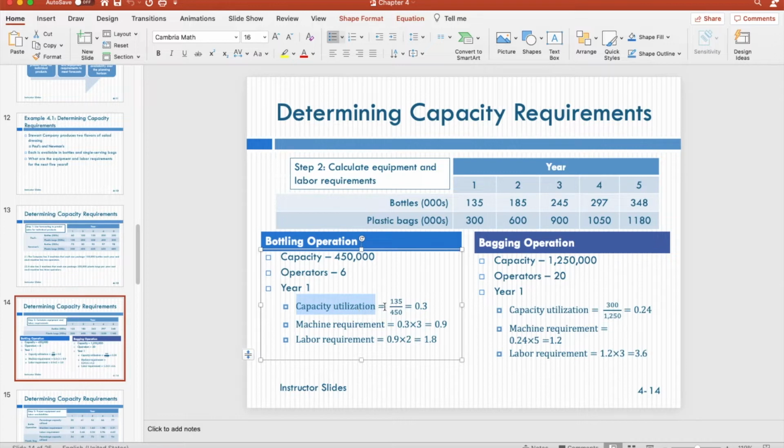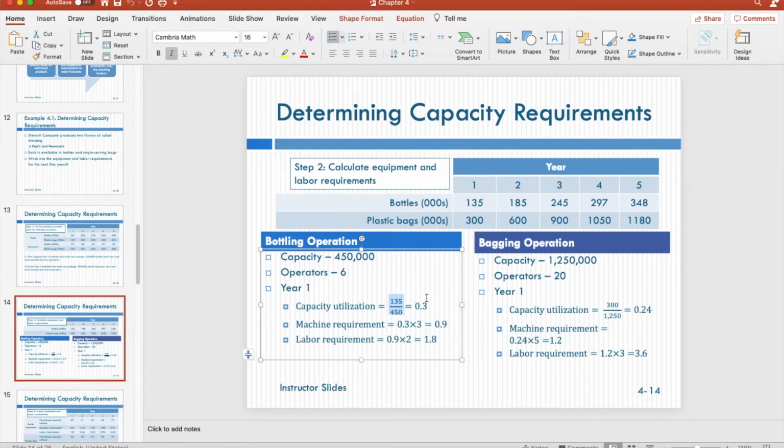If you want to quantitatively measure the capacity utilization, it's very simple. Use the amount that we need to produce in order to fit the market demand, divided by the amount at most we can produce in this year. So if we are in thousands, you just show 135 over 450.